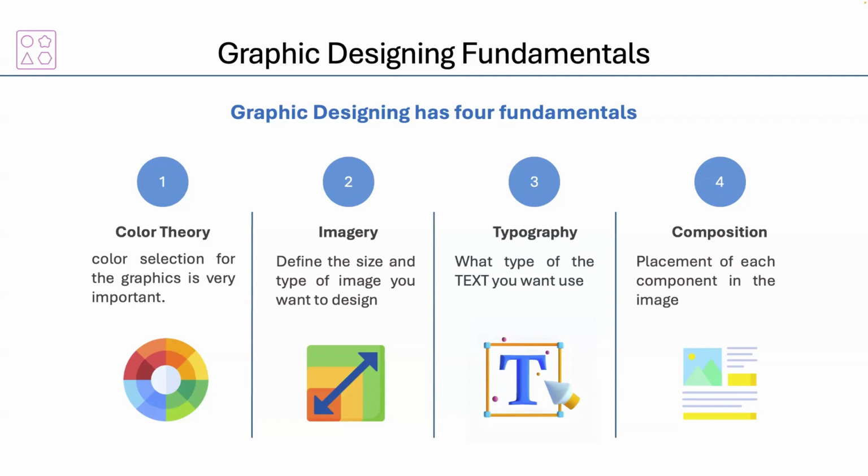Then, how you should place or arrange all these components in your document or in your image so that it looks good and eye-catching. So these are the four pillars, or four fundamentals, of graphic designing. If you know each of them in a better way, you can design very good graphics on any platform.